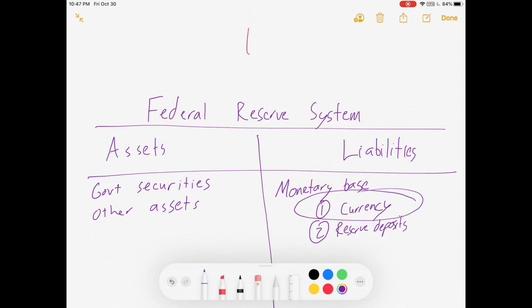I guess let me explain one last thing. Why is currency a liability? Well, I find it helps to think back to the Fed's origins when we had like a gold standard. The Federal Reserve had a bunch of gold and other metals, like silver, where if you brought $1 to the bank, you could exchange it for a little bit of metal. And so the bank had to be ready to pay out for every dollar that was in circulation.